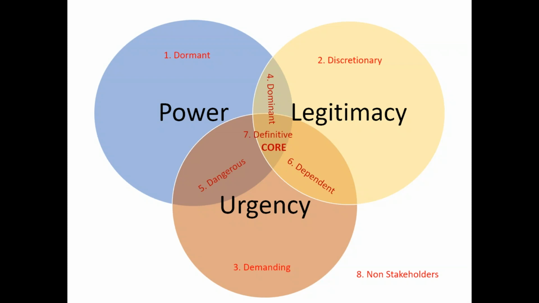Legitimacy high and urgency high, power is not high. So what is it? It is a dependent stakeholder. It doesn't have power, right? He feels urgency. He needs things urgently, and he sees legitimacy in that. So he is dependent. Somebody has to help him achieve his goals.